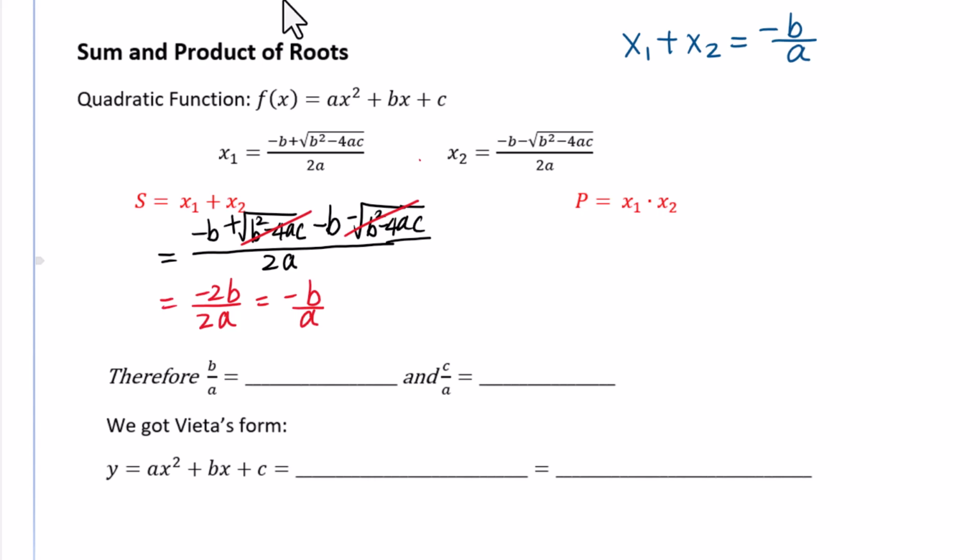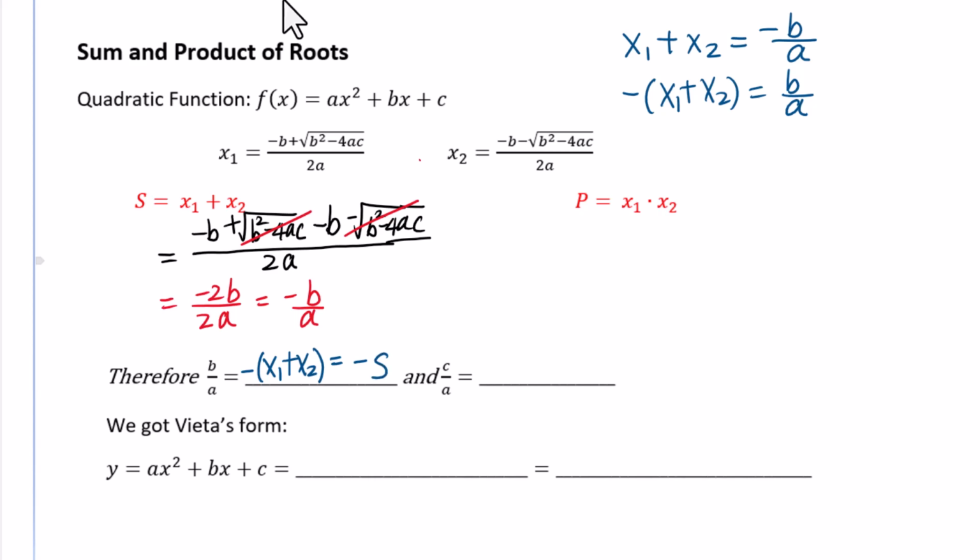So negative of x1 plus x2 equals b over a. b over a equals negative x1 plus x2. If we use s for x1 plus x2, I will get negative s.